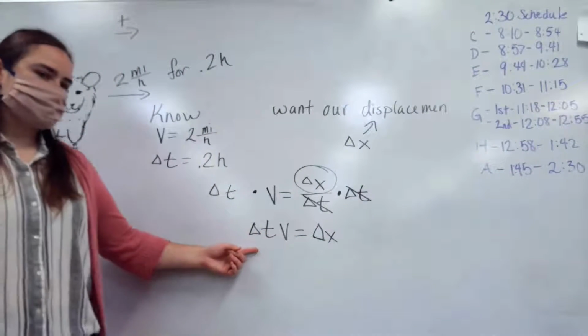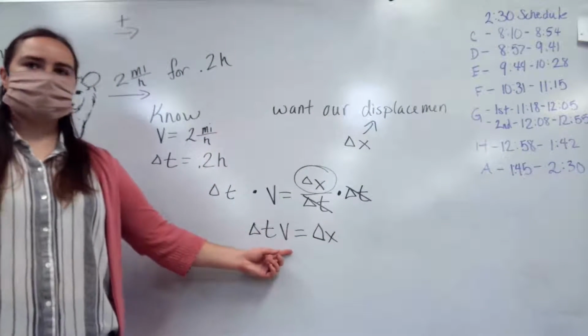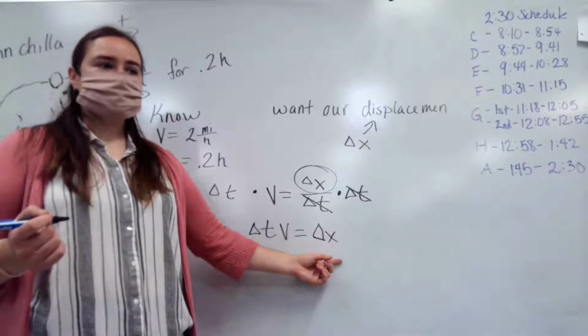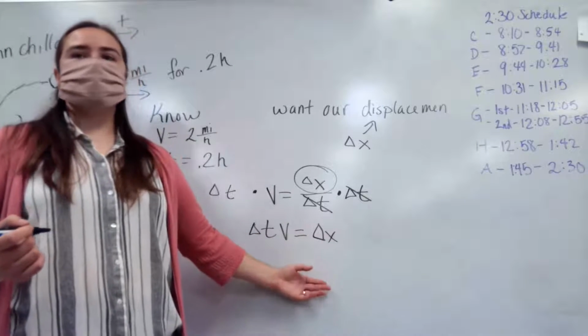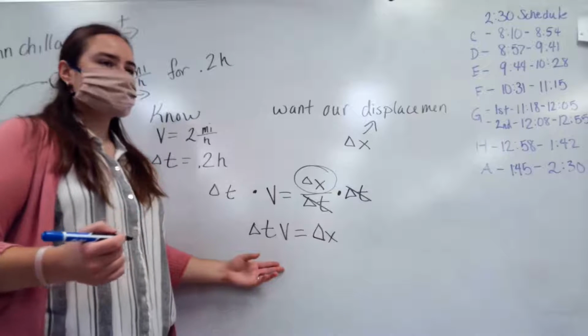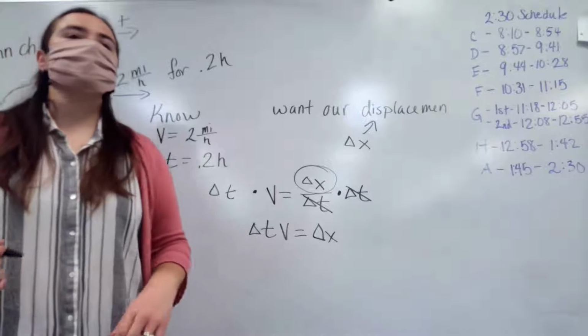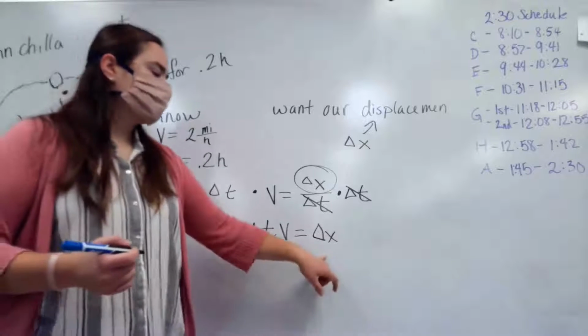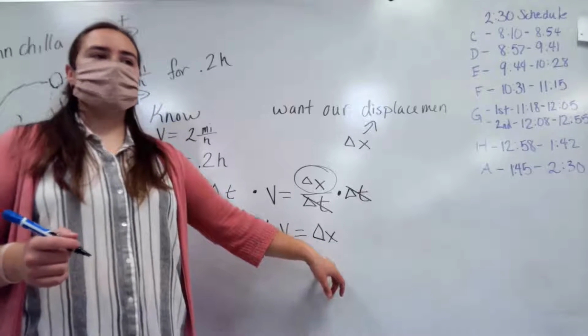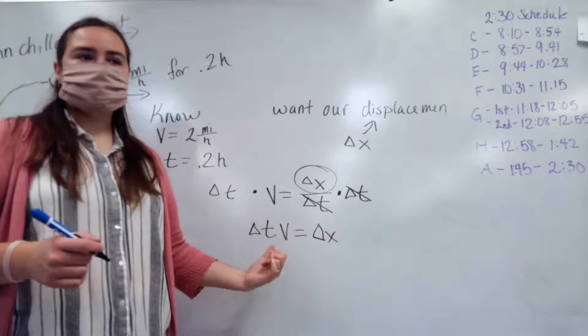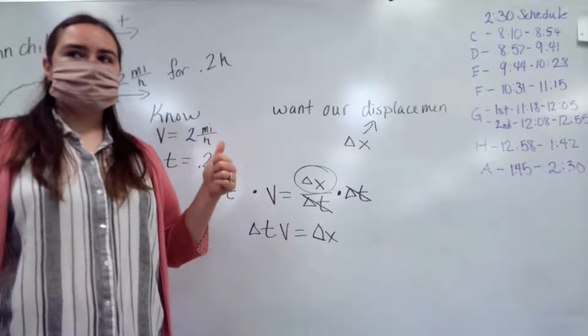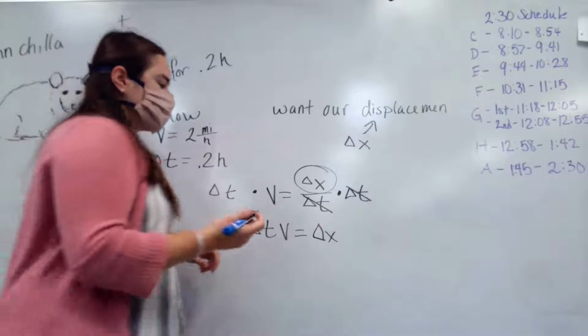All right, so we've got delta t times v equals delta x. Okay, so now we have an equation that is a general case, right? So we can use this for any situation in the future where we want to know our delta x and we know a velocity and a time. Okay, everybody good?